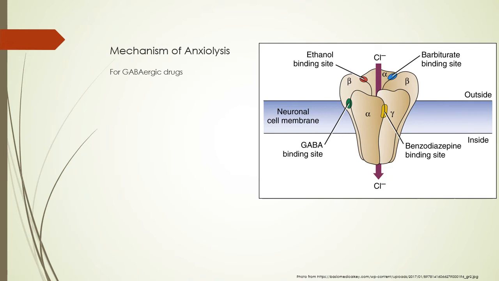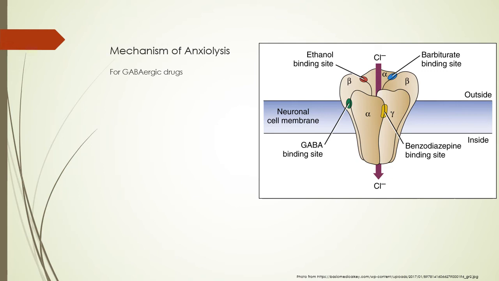So to do that, we utilize GABAergic drugs. Examples of GABAergic drugs are barbiturates and benzodiazepines. Barbiturates and benzodiazepines act on the chloride channel. And here in the photo, this is the chloride channel with 5 subunits, 2 of which are alpha and 2 of which are beta, and 1 gamma subunit.